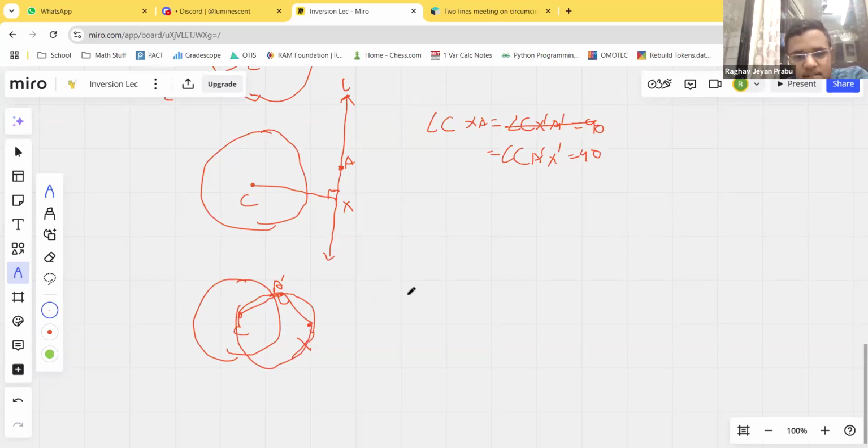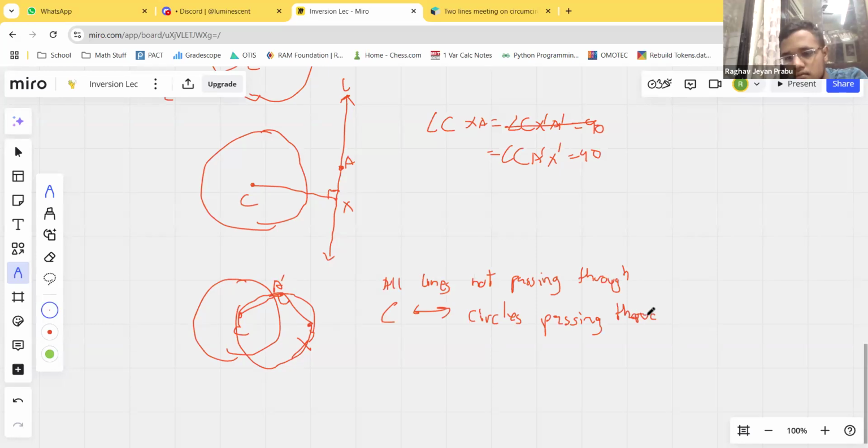So what does this imply? This implies that all lines not passing through C become circles passing through C. Does everybody get this?